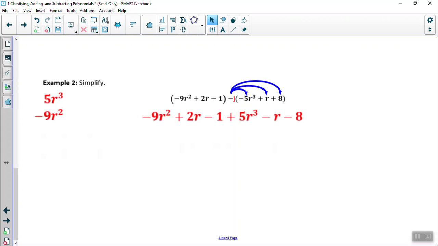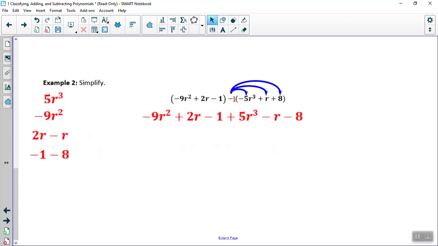All right, then we have our linear terms. So I've got a 2r and a negative r. So those two can be put together. And then we have our constant terms, a negative 1 and a negative 8. All right, so now let's see what we have. There's nothing to do with this term. There's nothing to do with this term.